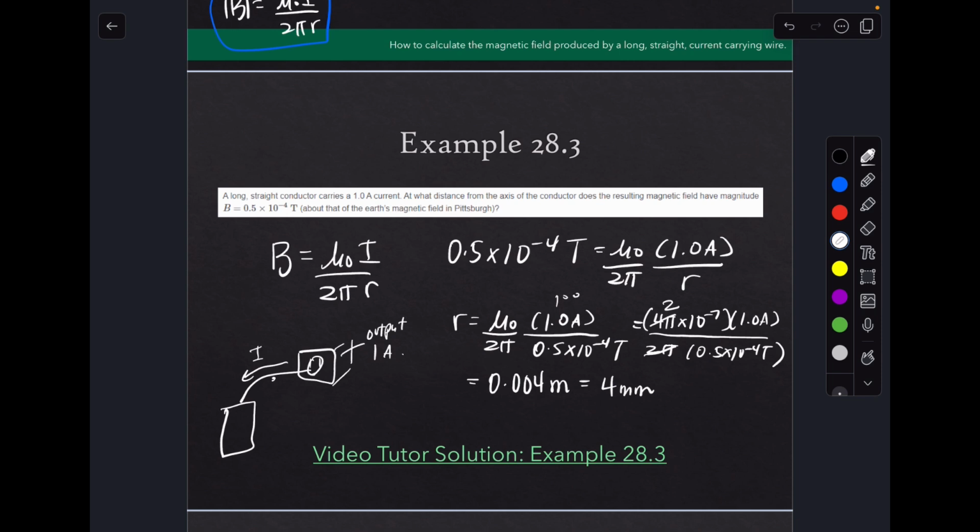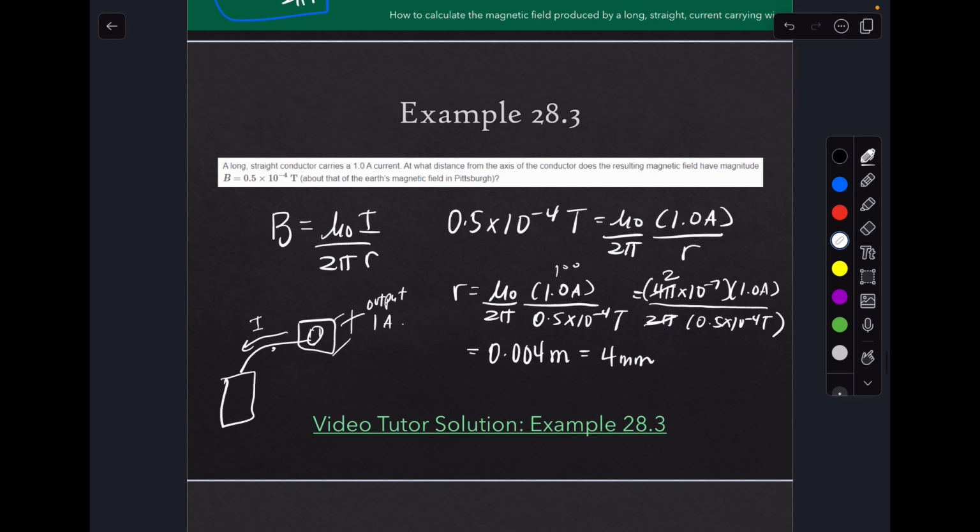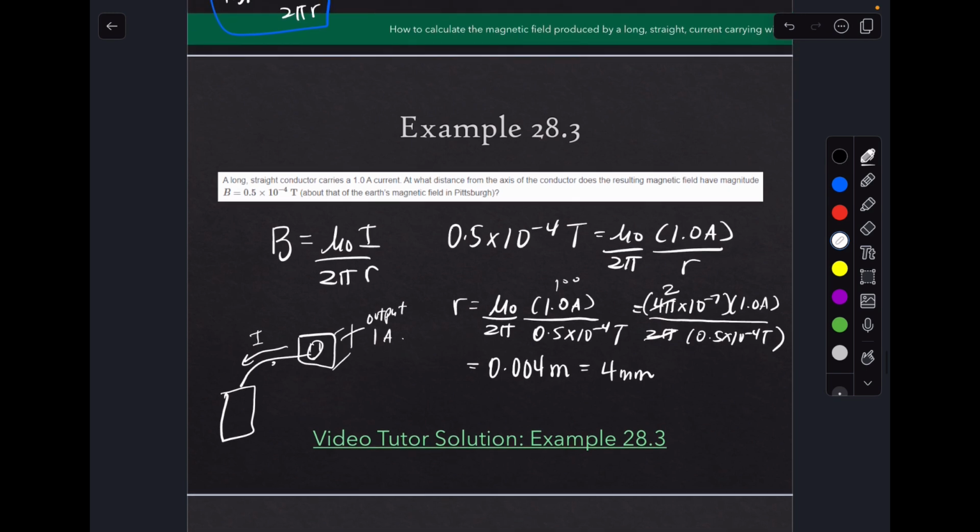Now that said, everyone's body is slightly different. But in general, you do not really feel much of a magnetic field due to all of the currents flowing around in your home. So that's a really interesting example that ties back to real life examples of how we interact with magnetic fields on a daily basis.